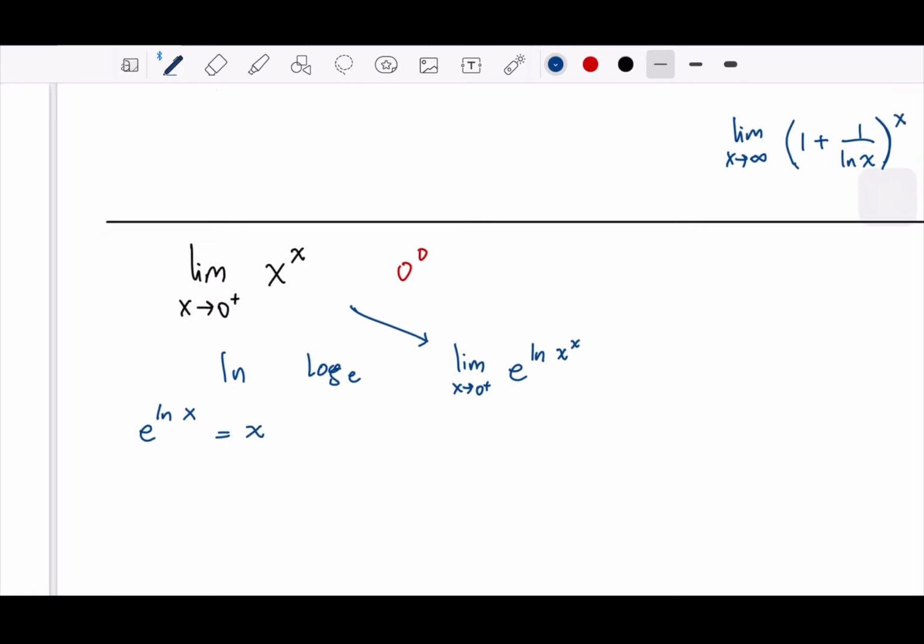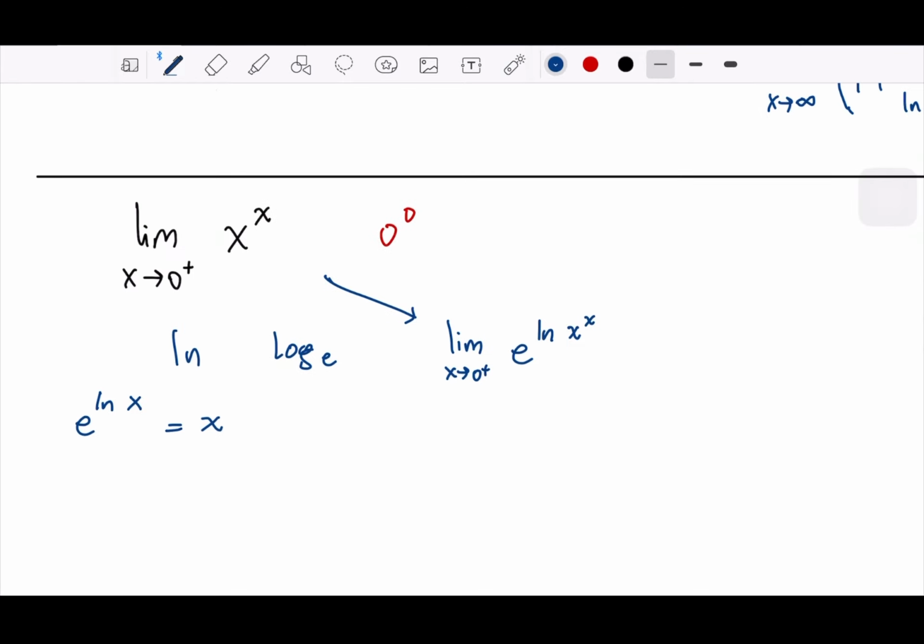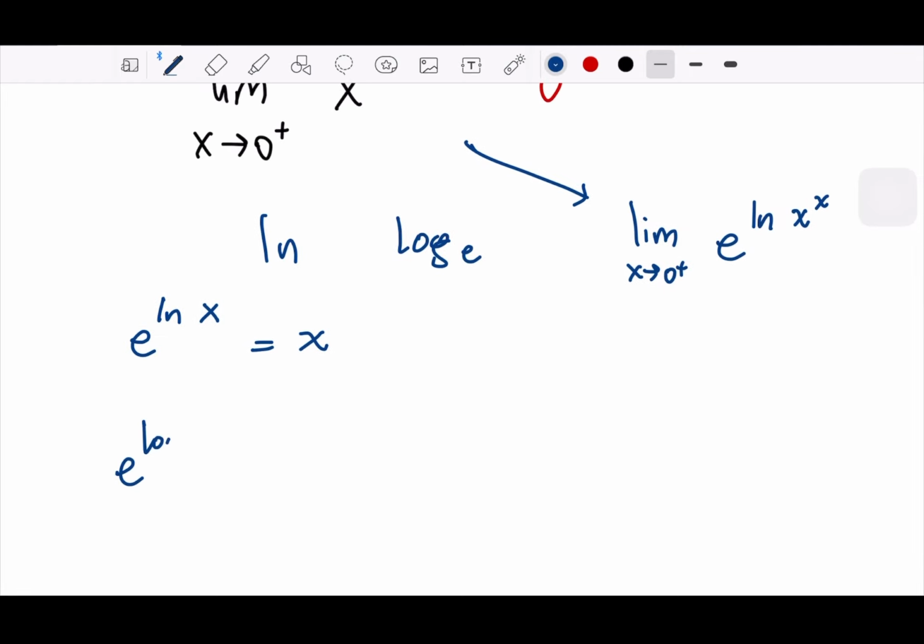So the idea for all indeterminate powers, we have this x with the power of x. We are going to force this x down, and what we can do is define this as e with the power of ln, and we make this into our function here, because this is literally just another form of this x. If you remember your logarithms, this means e to the log base e of x. e can be anything.